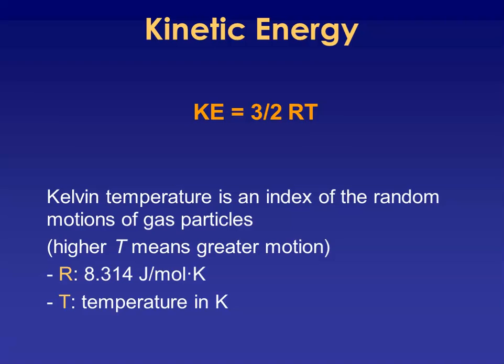And so when we take those two and put them together, we get that kinetic energy is equal to 3/2 R times T. So it's an index of the random motion of your gas molecules, greater temperature, more motion. And so we use the constant in joules to be able to calculate this, 8.314 joules per mole Kelvin. And again, your temperatures have to be in Kelvin.